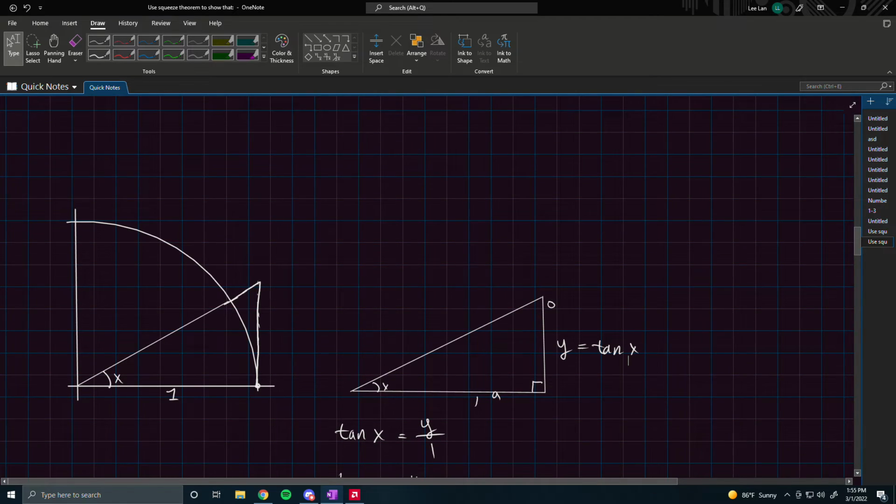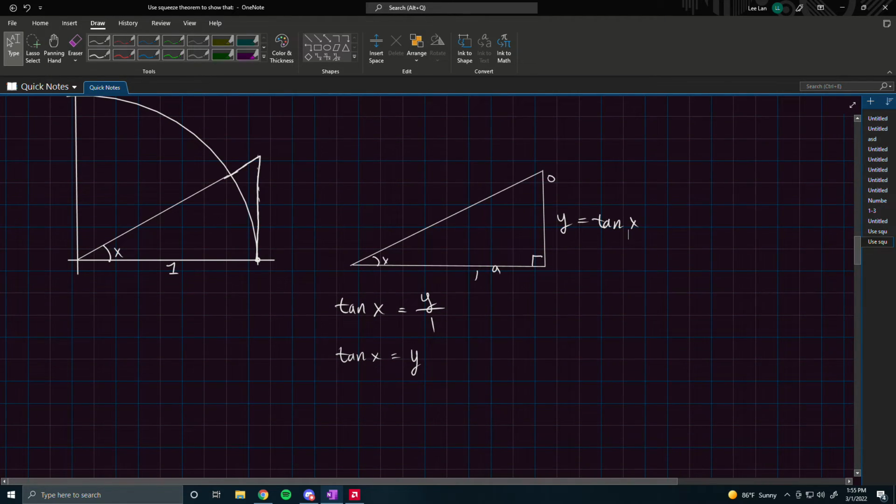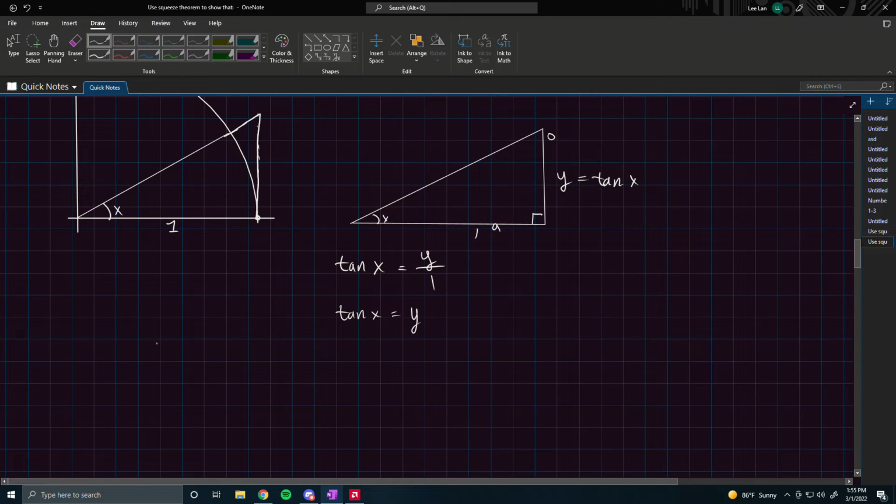And then, just like before when we looked at the areas, let's look at the area of this triangle. The area of the triangle is equal to 1/2 base times height. The base is 1, and the height is tangent x.